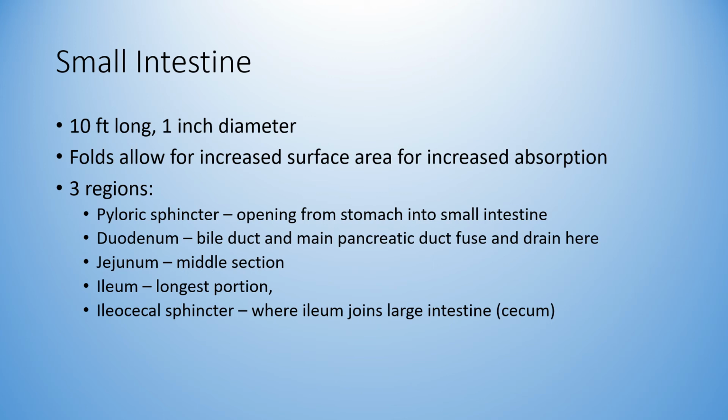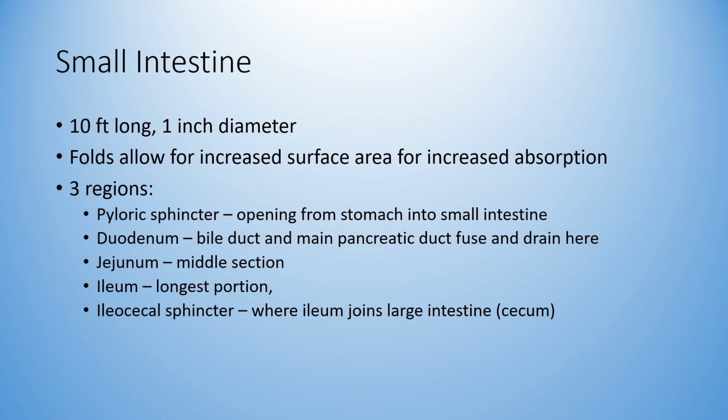There are 3 different regions of the small intestines. So we're going to start with the small intestines at the pyloric sphincter. That's that opening from the stomach to the small intestines we've been talking about. The first region of the small intestines is known as the duodenum. The bile duct and your main pancreatic duct are going to fuse together and then drain in here.